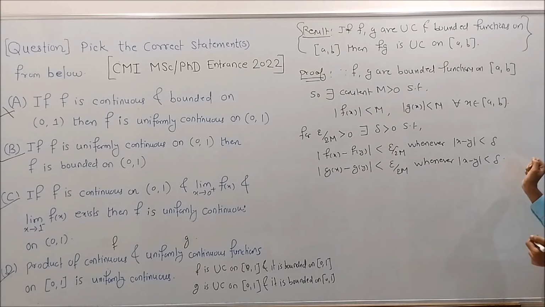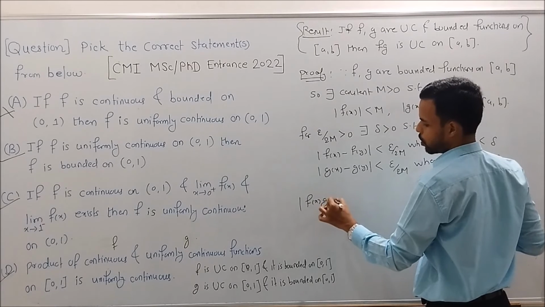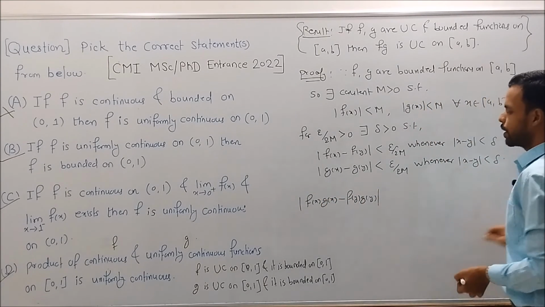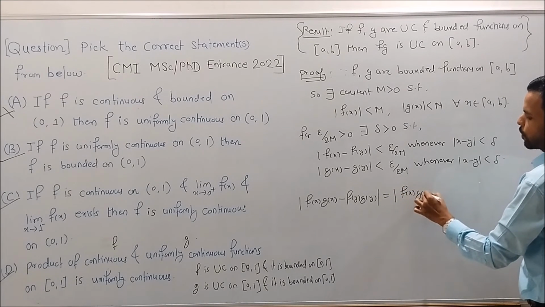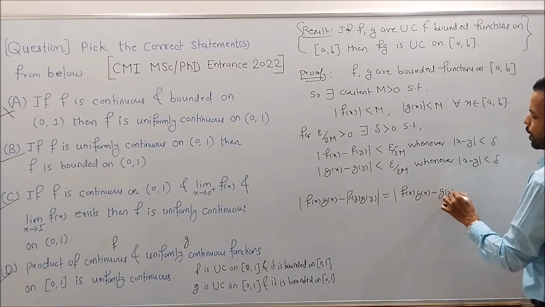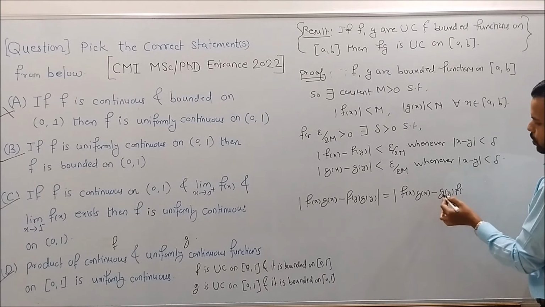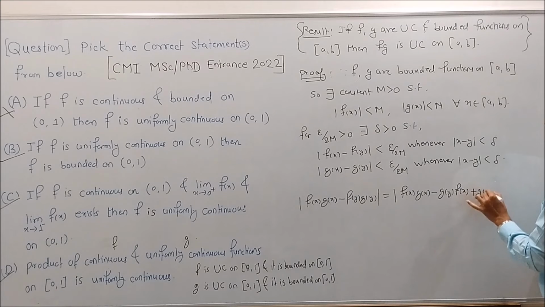Now consider mod of f(x)g(x) minus f(y)g(y). This can be written as mod of f(x) times [g(x) minus g(y)] plus g(y) times [f(x) minus f(y)].